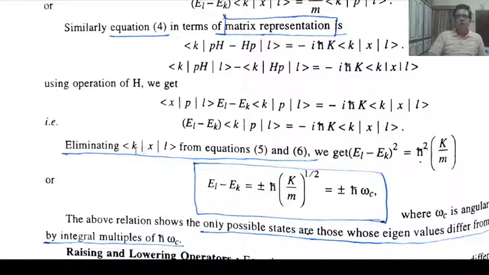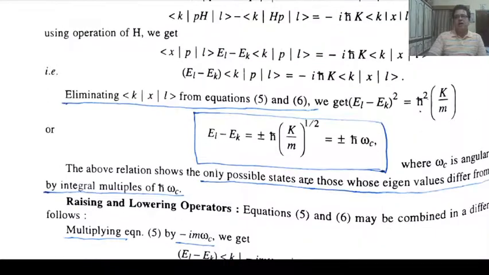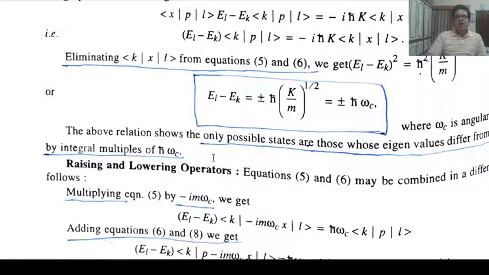Now eliminating KXL from 5 and 6, we get EL minus EK squared equal to this. That means EL minus EK is nothing but plus or minus H cross omega C. So the only possible states are those whose eigenvalues differ from each other by an integral multiple of H cross omega C.